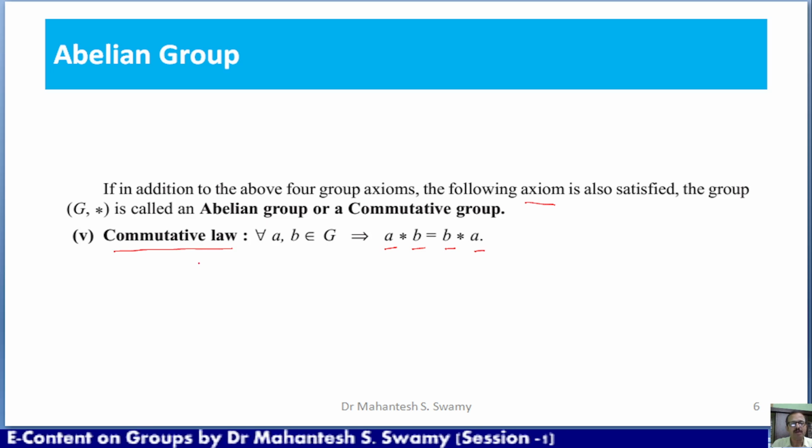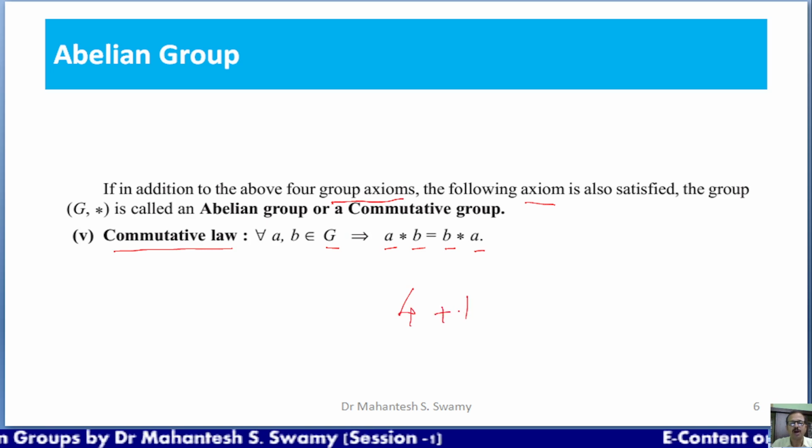If the commutative law is satisfied by the set G along with the above four laws, so totally 4 plus 1, 5 laws are satisfied by this G with respect to the binary operation star.